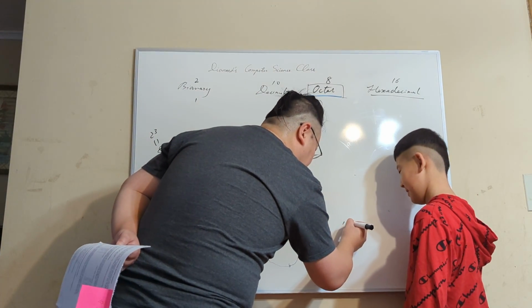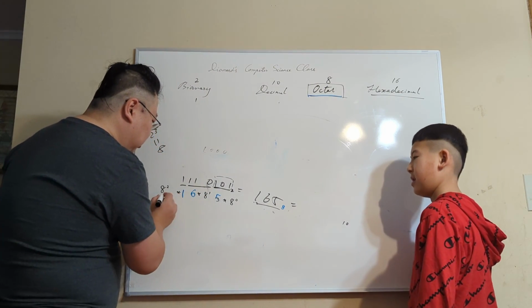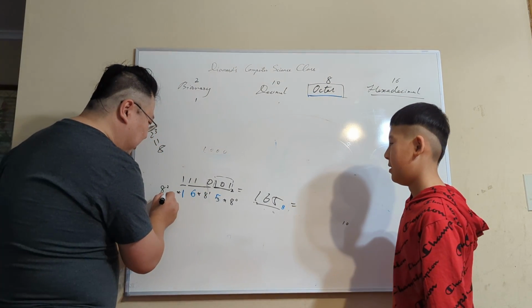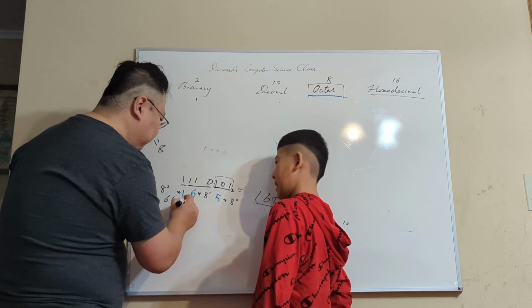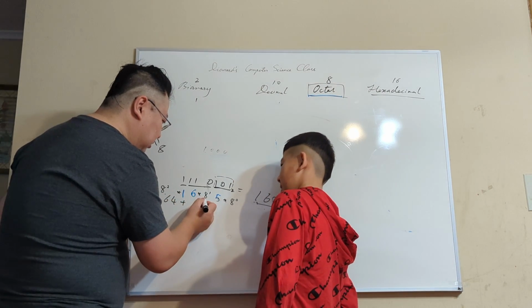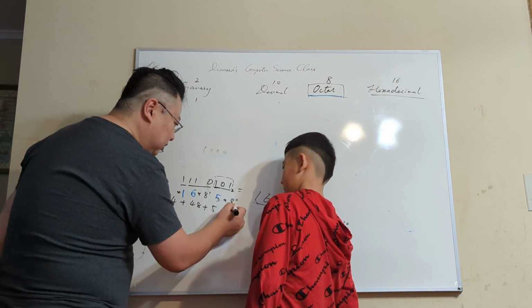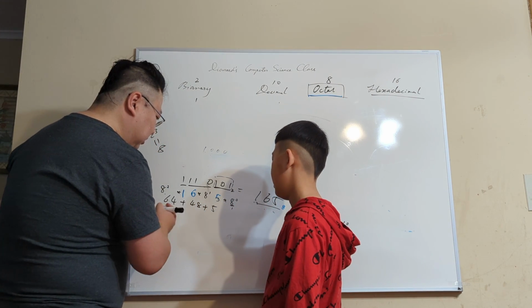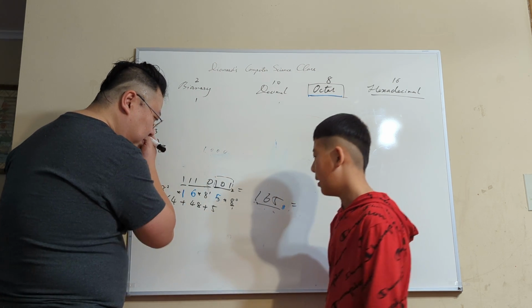So if you want to calculate into decimal, just decimal. What did you get? You just calculate this one. 8 squared is 64, plus 48, plus 5, because this one is 1. So you can get the decimal number.